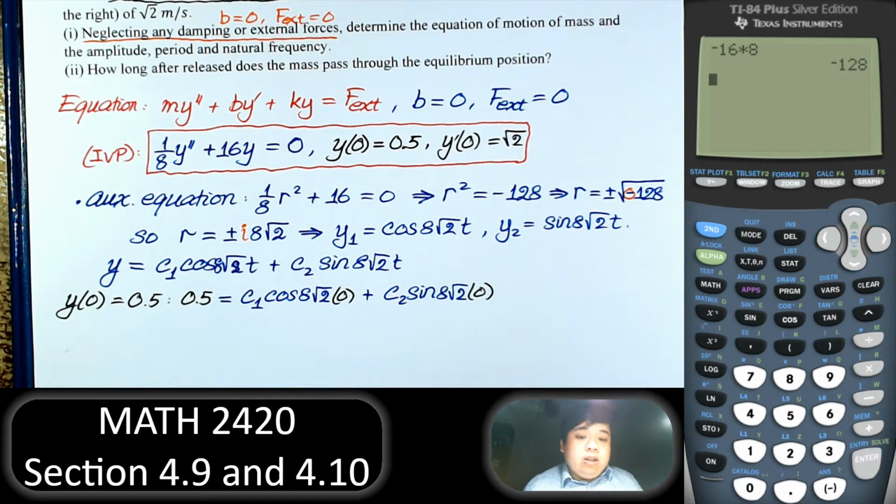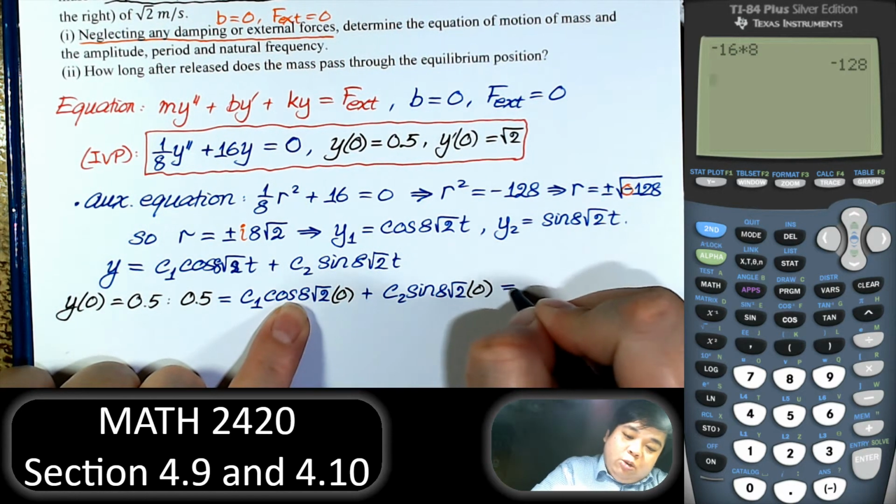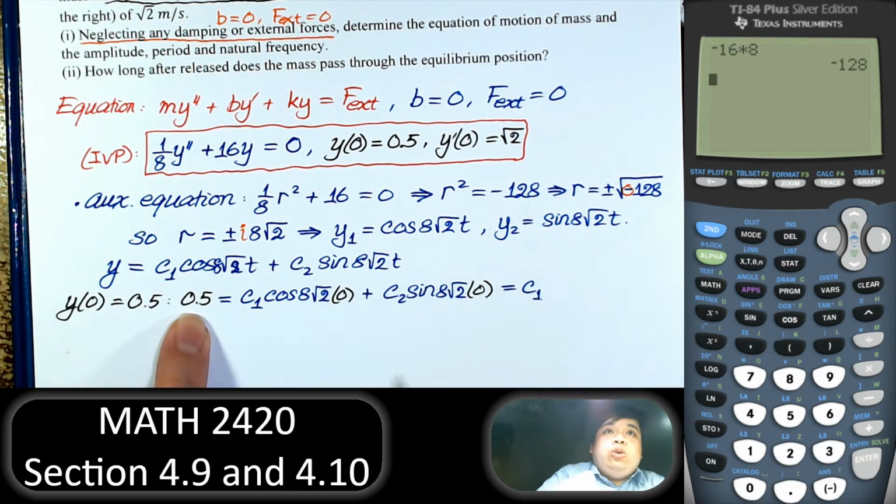Sine of 0 is 0, cosine of 0 is 1, so we just have equal to c1. So c1 is equal to 0.5.